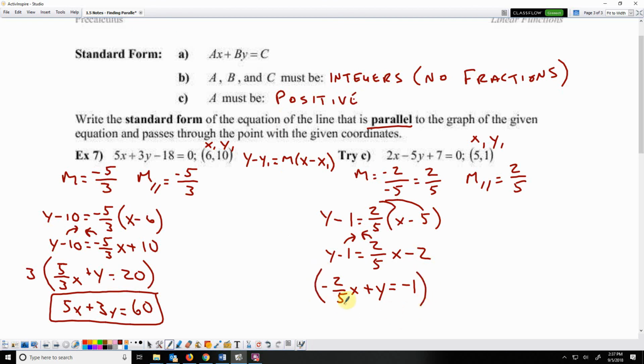So I can take care of the fraction by multiplying by the denominator, and I can make my lead coefficient positive by multiplying by a negative. So I need to distribute a -5. So I get +2x, negative 5y, and positive 5.